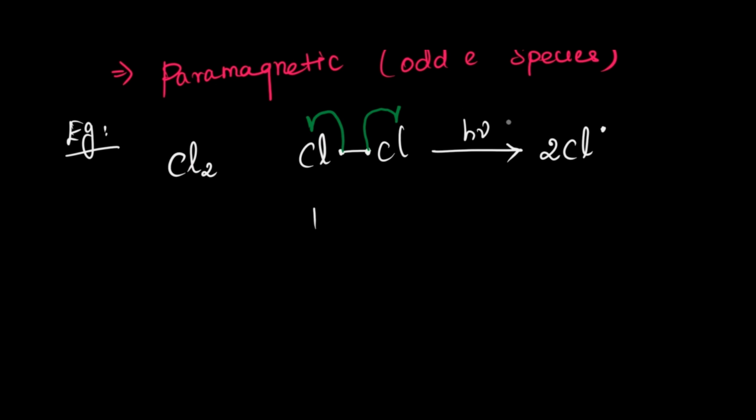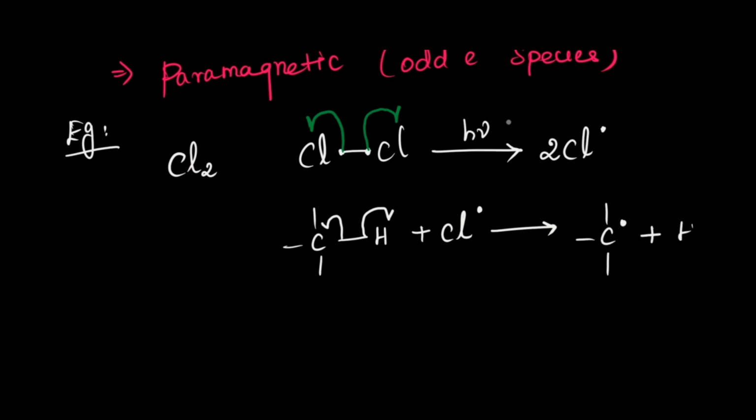If a carbon is breaking like this, and I am having a Cl radical, so if the breaking happens like this, then it will lead to the formation of carbon free radical plus HCl, because the hydrogen free radical and Cl free radical combine to form HCl. Okay, so this is carbon free radical.